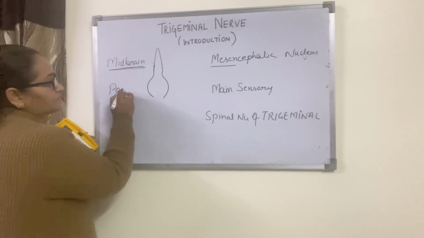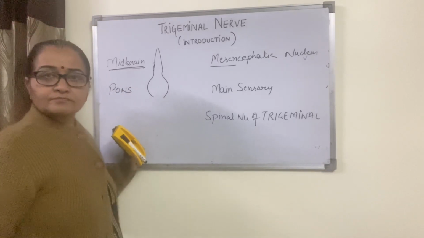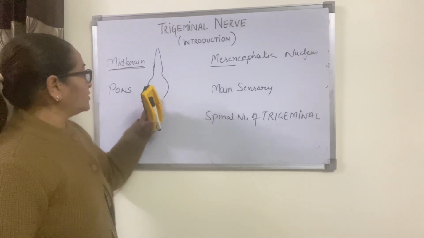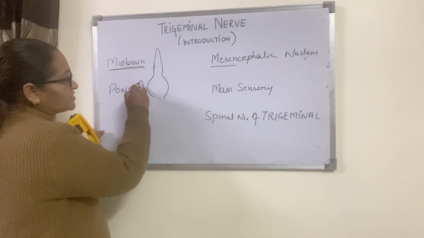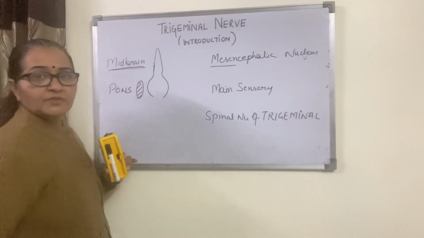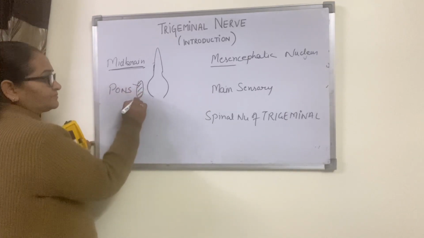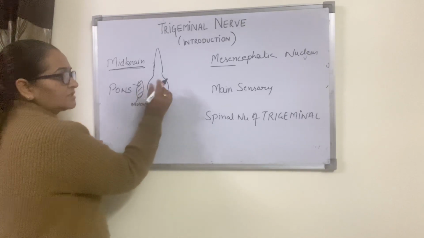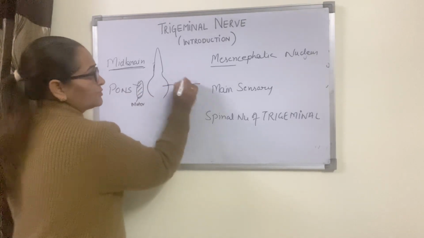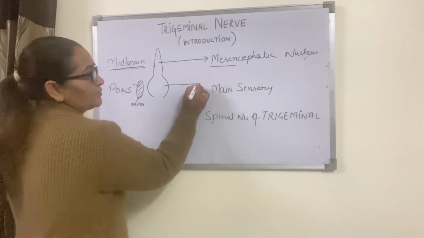Now coming to the next, this mesencephalic nucleus is continuing with the main sensory nucleus which is lying in the pons. But this nucleus is lying lateral to the motor nucleus, which is again lying in the pons. So this is the motor nucleus, this is the main sensory nucleus, and this is the mesencephalic nucleus.